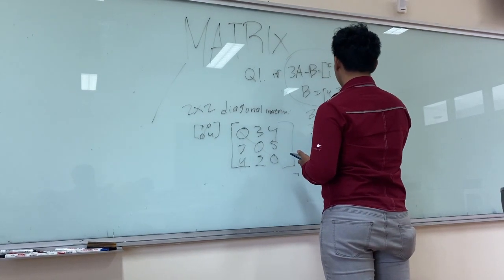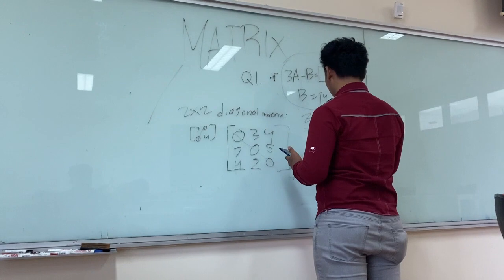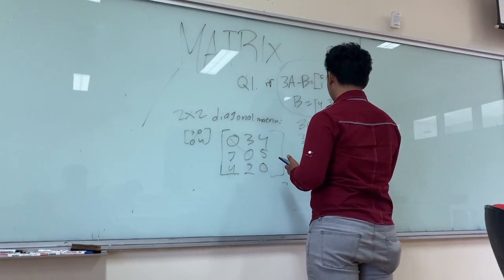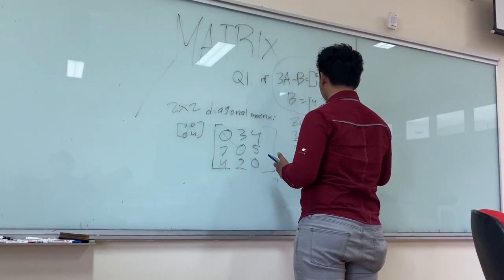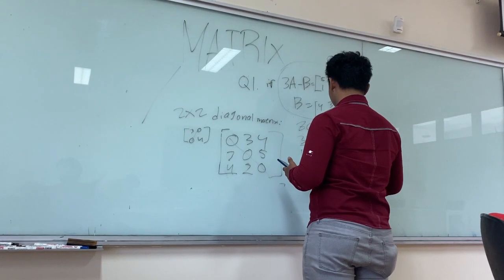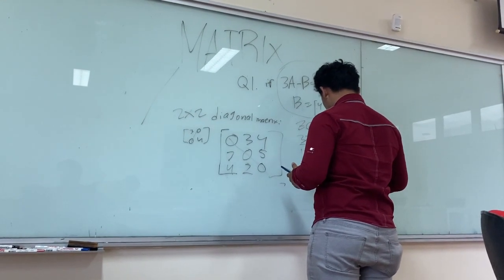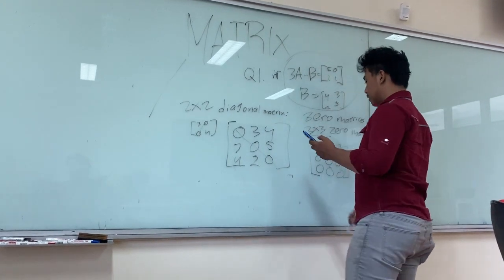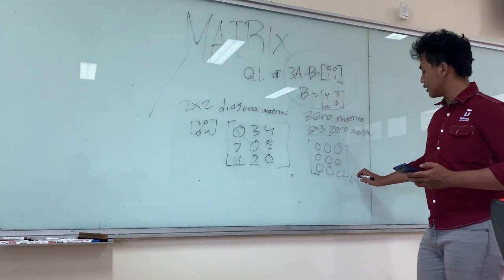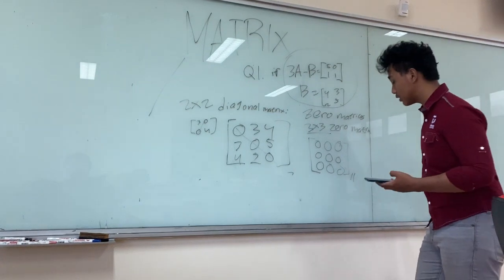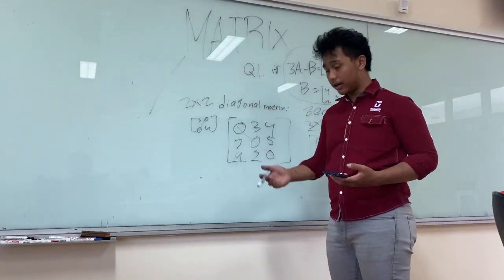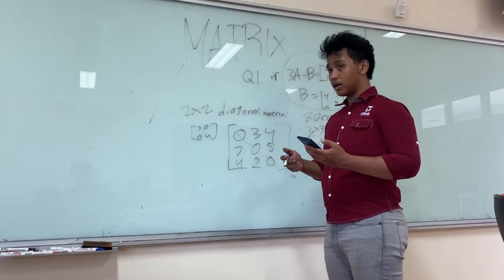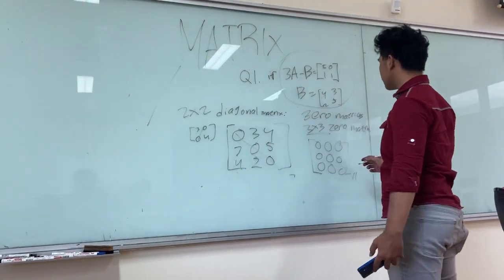So if it's a 3x3 zero matrix, it will be like this. It could be any form of zero matrices.